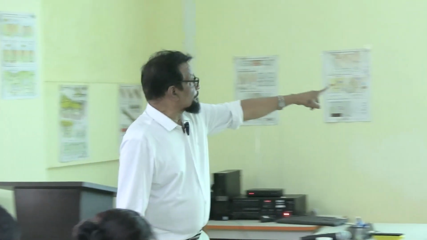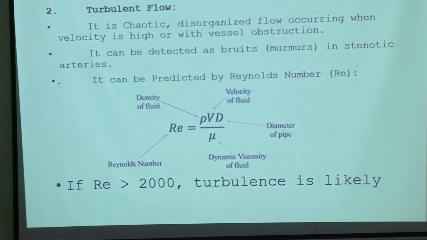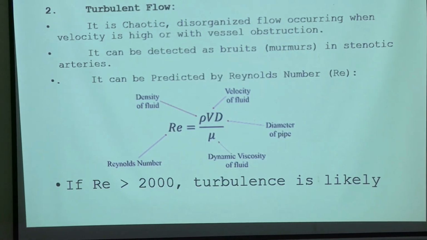Again, what are the factors? Directly related to density of the blood, velocity of the blood, and diameter of the pipe, that is blood vessels, and the viscosity. With viscosity, it is inversely related.